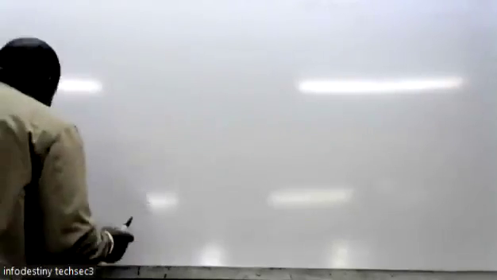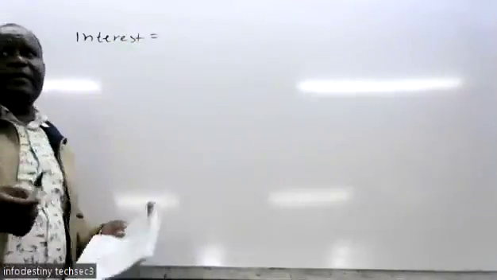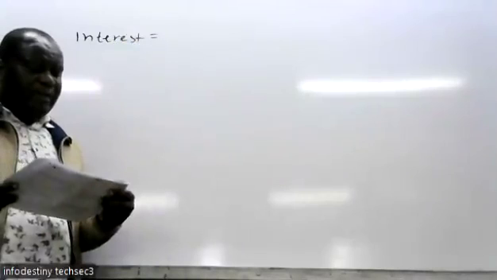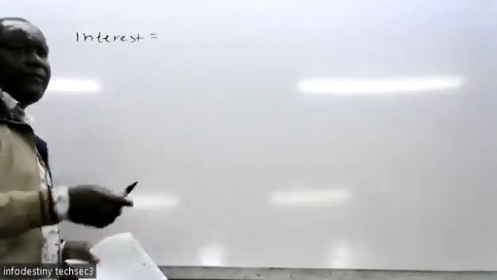To calculate the bond yield to maturity, what do we need to compute first? The first item will be interest. Interest will be 11% of the par value.